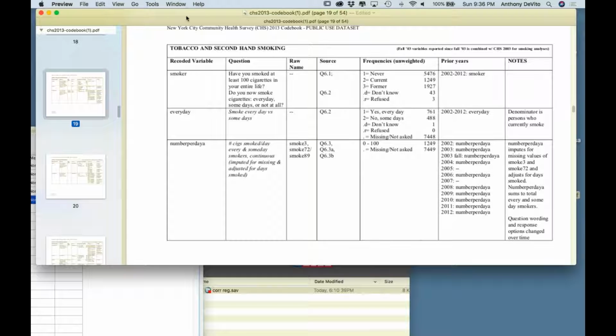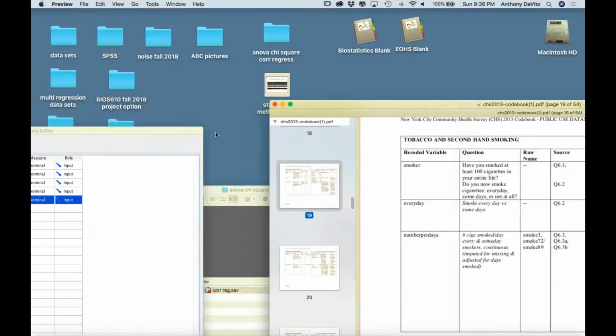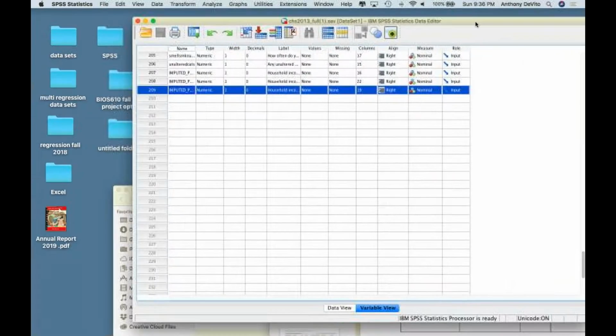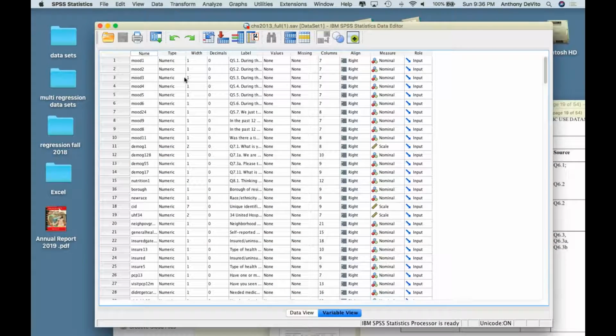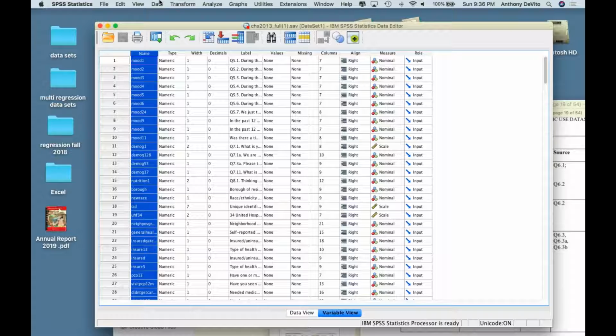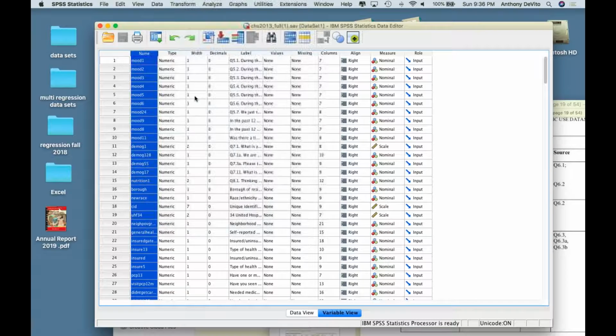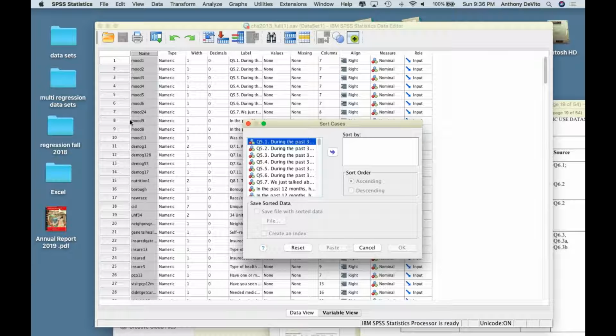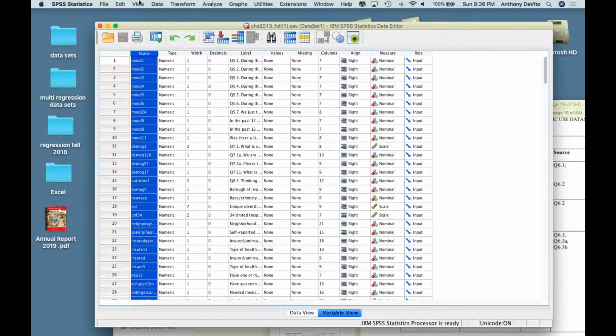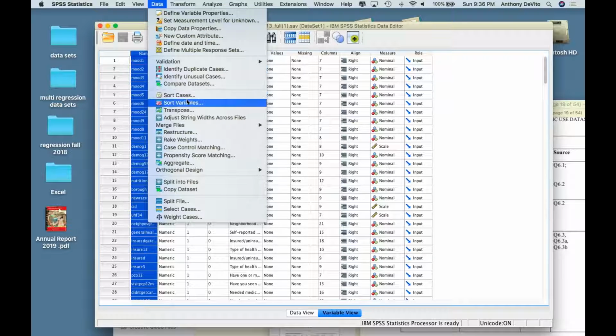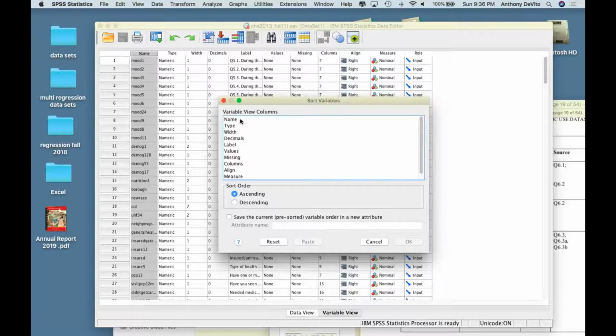So I'm going to open up this data file in SPSS, which I've already done. In order to find these variable names, I'm going to say Data, Sort Variables, and sort by name so they're alphabetical, which is easier for me to find them.